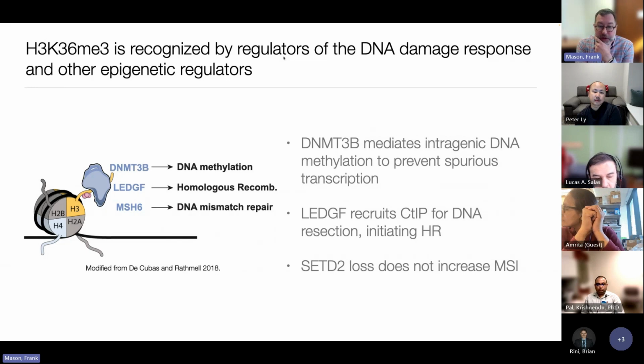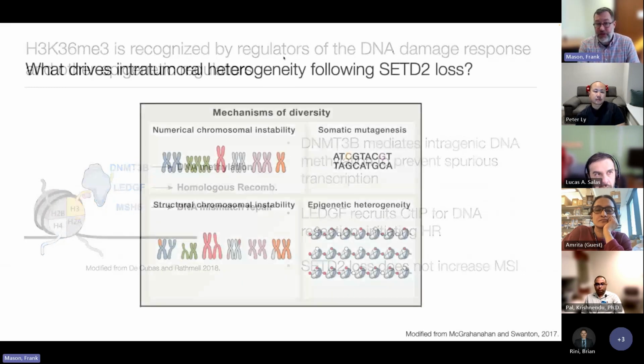And also this mark is recognized by mediators of homologous recombination and DNA mismatch repair. So one possibility is that altered DNA damage response following SETD2 loss might contribute to this increase in subclonal heterogeneity.